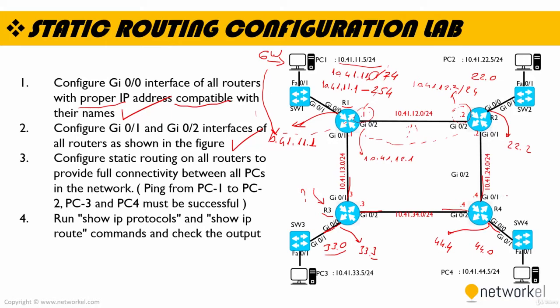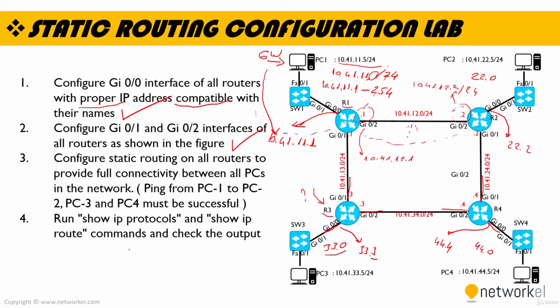So I don't need to tell router 4, for example, if you have a packet whose destination is the 24.0 network, you need to send the packet to some interface, because router 4 already knows that it has the 24 network connected to its gig 0/1 interface. I don't need to teach it. Okay?